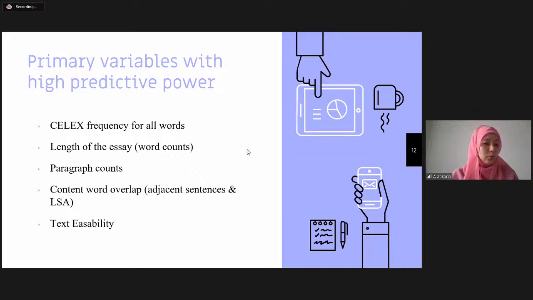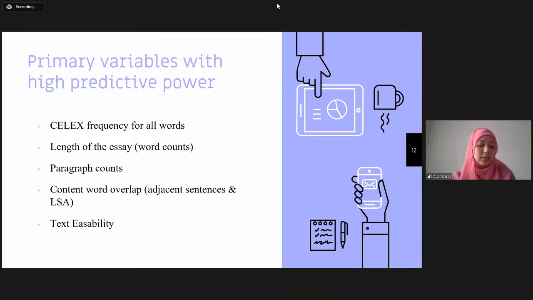Such posts are rated higher than those with more frequently occurring words. We also found that longer posts with fewer paragraphs tend to be rated higher by human raters, while for content word overlap, this is basically how words relate to each other. The more relevant the words are to the topic, the higher they are rated by the human raters.